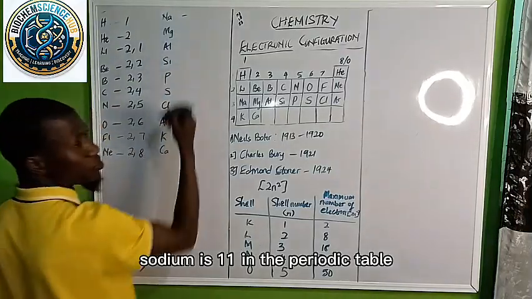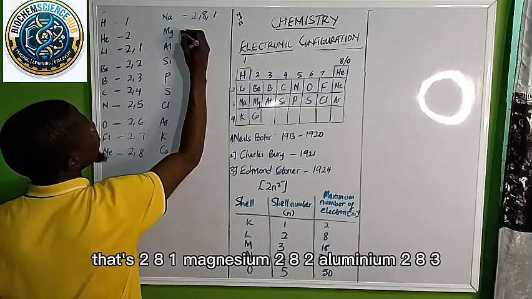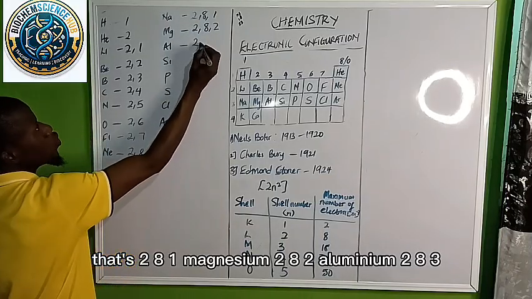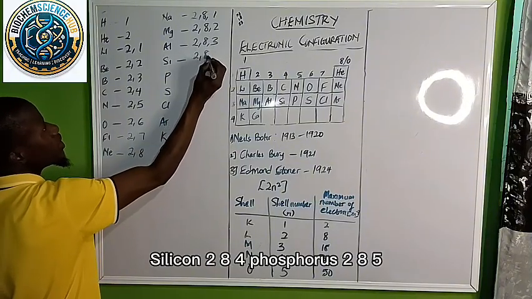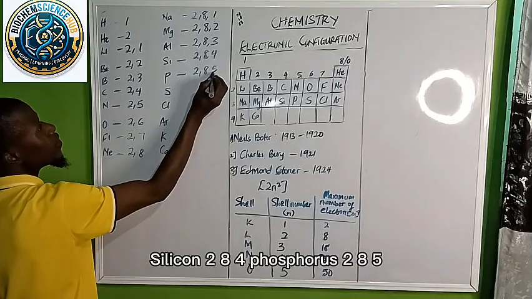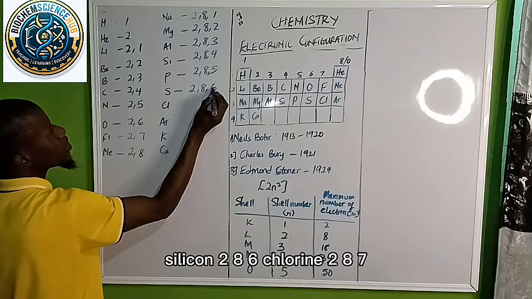Sodium is 11 in the periodic table. That's 2, 8, 1. Magnesium, 2, 8, 2. Aluminium, 2, 8, 3. Silicon, 2, 8, 4. Phosphorus, 2, 8, 5. Sulfur, 2, 8, 6.